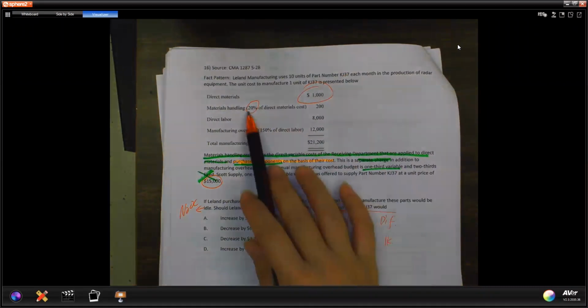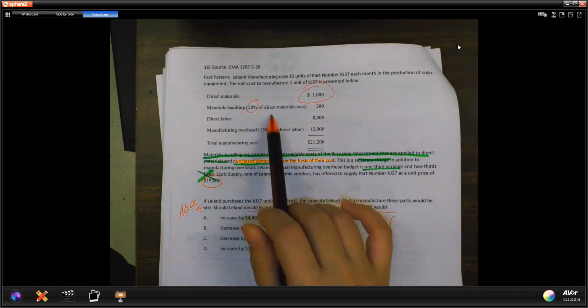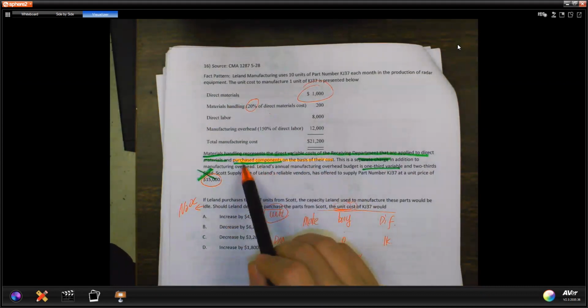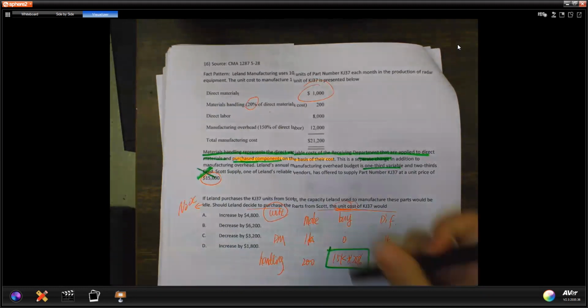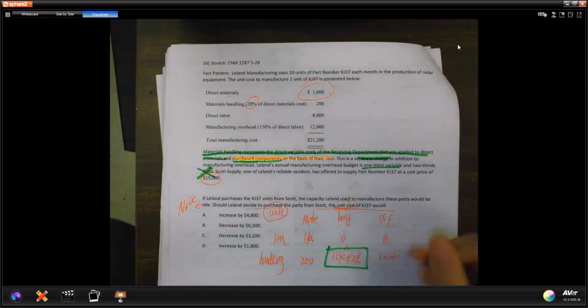So it's 20% based on the cost. If it's your make, it's 20% based on the direct material, but if you buy, it's based on the cost. Still use 20%. So this is the tricky part. If you do the math, you will find out that this one is 3,000, so the difference is 2,800 negative there.